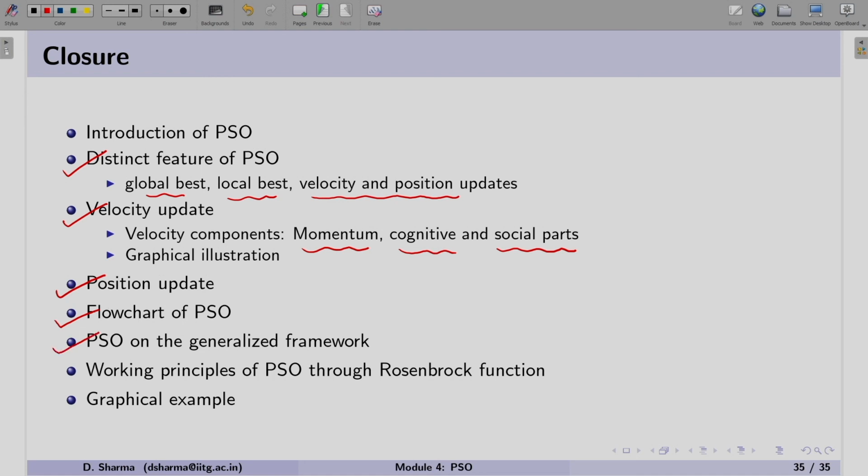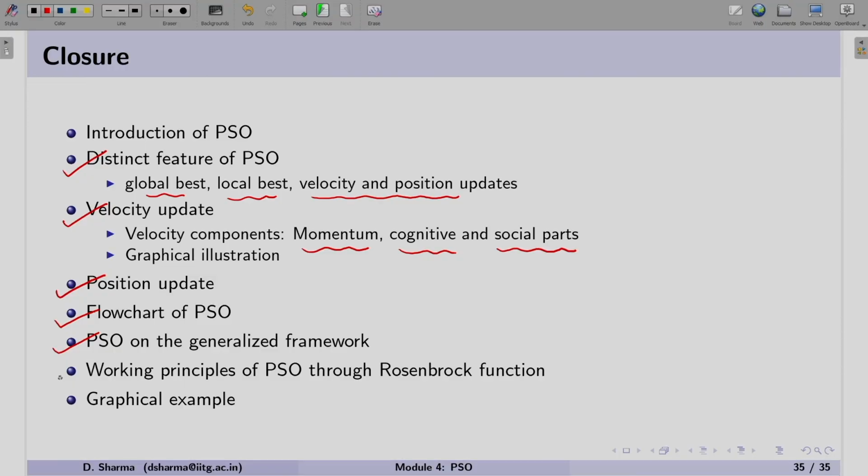We also fitted this PSO on the generalized framework, so that we can see what small changes we have to make, and the same generalized framework can be used for particle swarm optimization. We understood particle swarm optimization through the example of the Rosenbrock function. We understood each and every component such as local best, global best, velocity update, and position update, and we performed hand calculations for 2 generations.